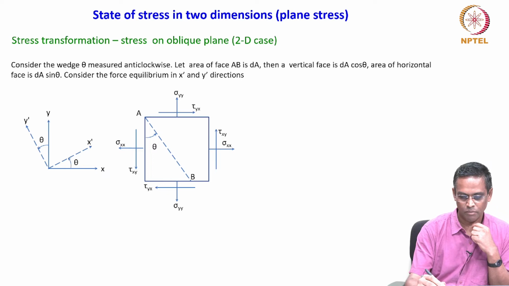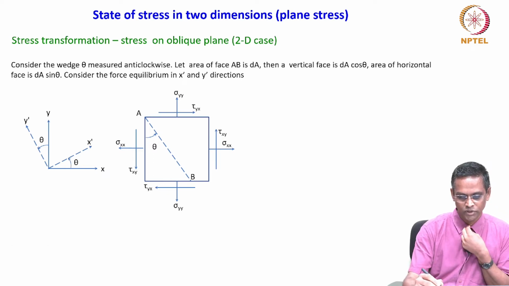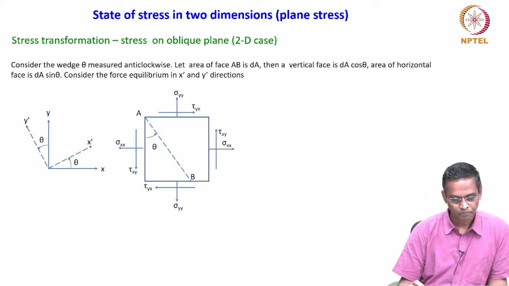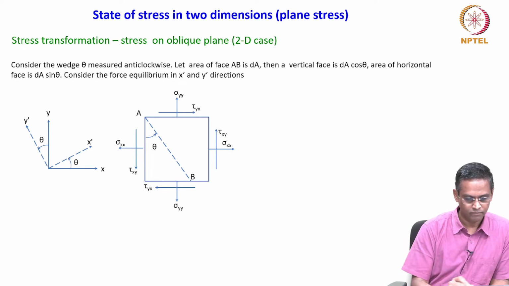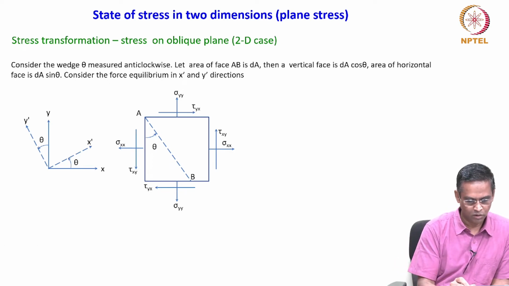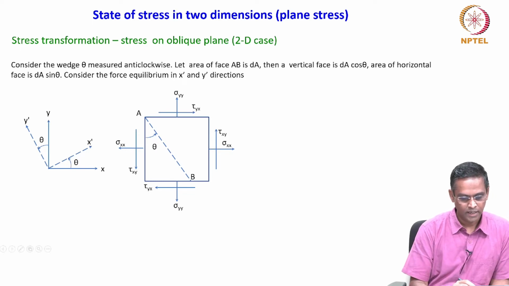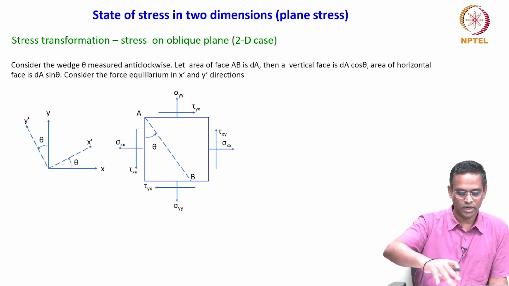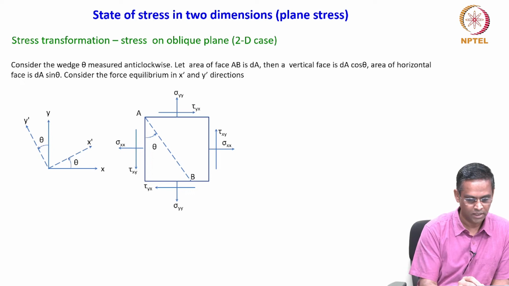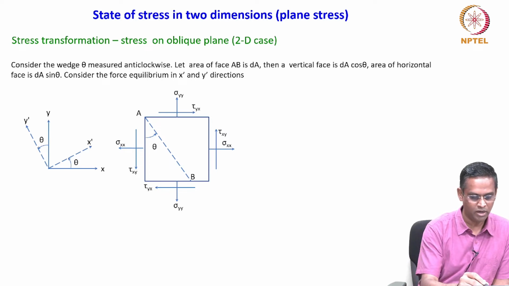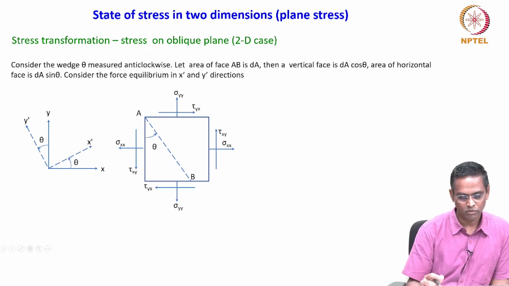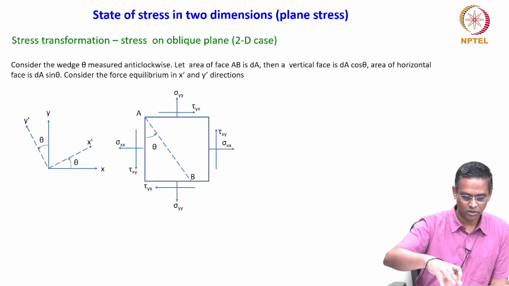So, this is again a positive shear stress, just as I showed before, and it is in the normal Cartesian coordinates x and y. This is a reference coordinate system, and suppose if you tilt this whole configuration by some other angle, that angle can be theta. So, the x will become x prime and y will become y prime. Then what will happen to this geometry? This also will get rotated.